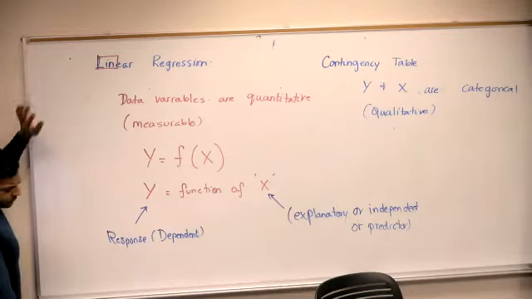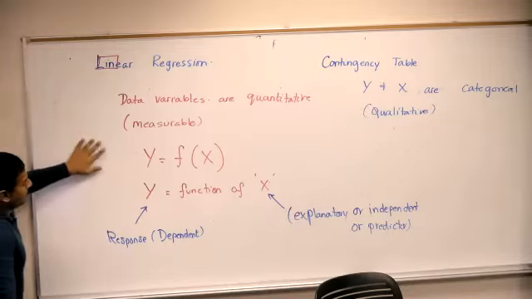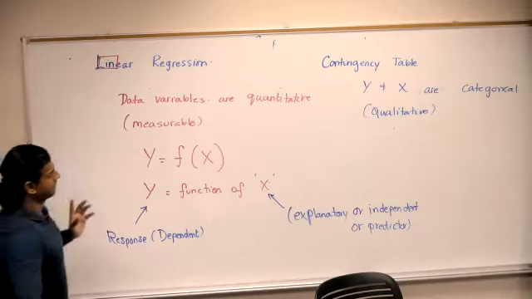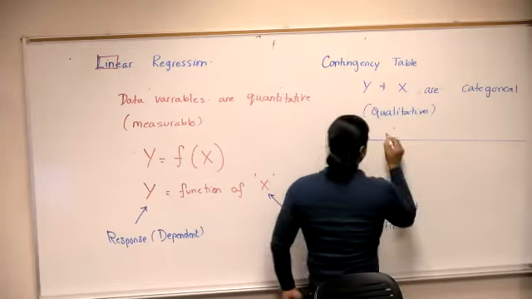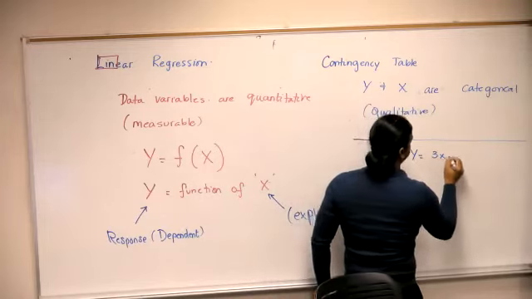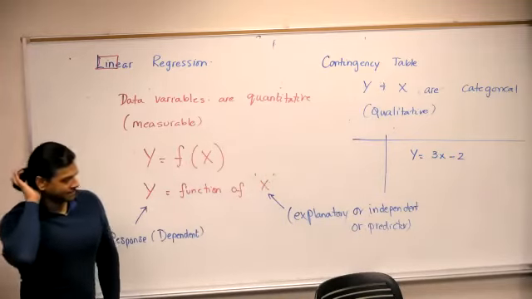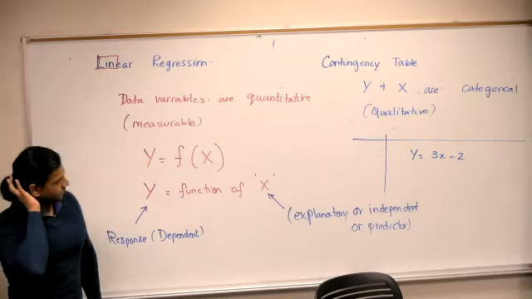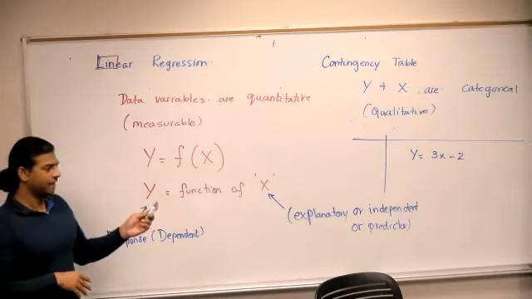In college algebra, when you took those courses, you might have seen y equals, for instance, 3x minus 2. Yes? And your professor then would have simply asked, well, plug in x is equal to 1, find y.